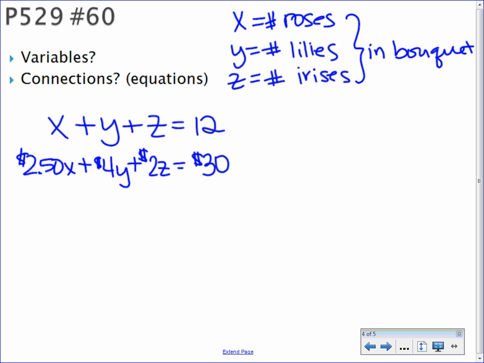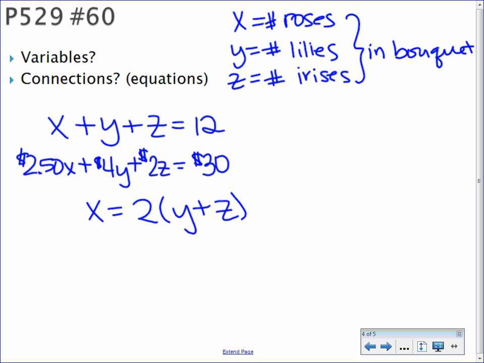It also says that the roses are twice the number of the other two. How do we write that? Twice as many as the other two combined. Okay, let's think about this.